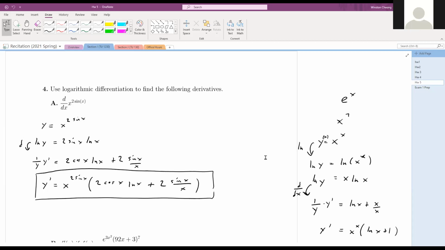Could we do more logarithmic differentiation problems? Okay, yeah, sure. Let's take a look at some of these then. I don't know if I like these so much, but yeah, we can.